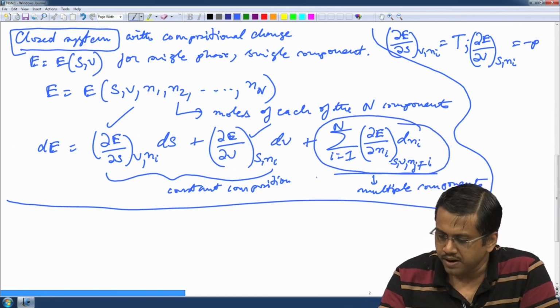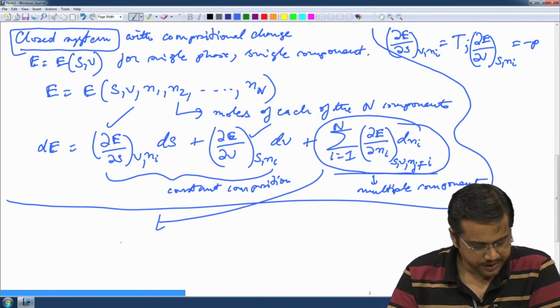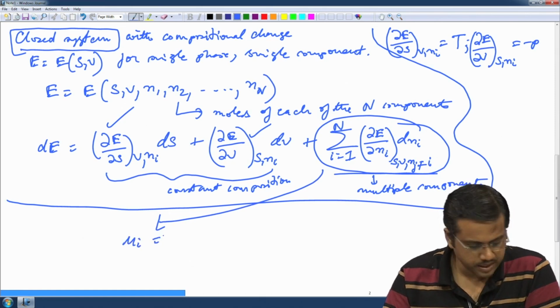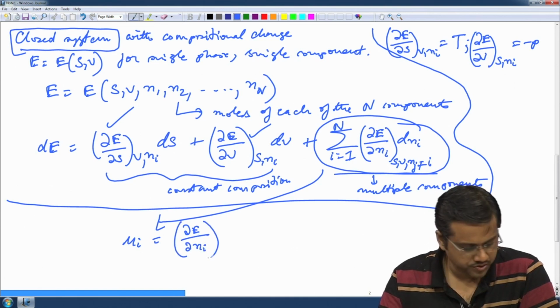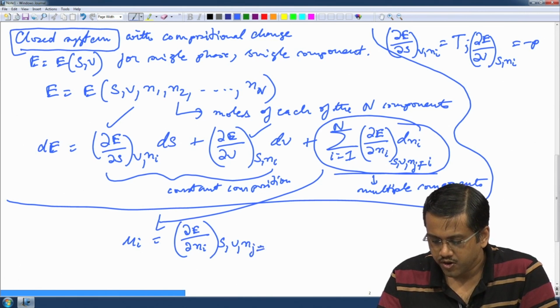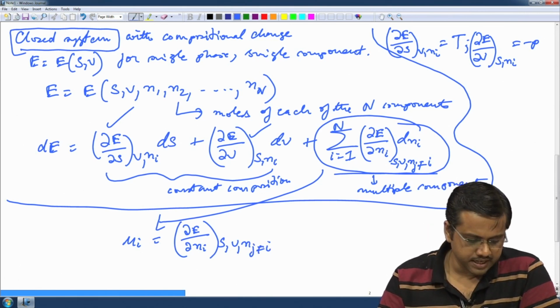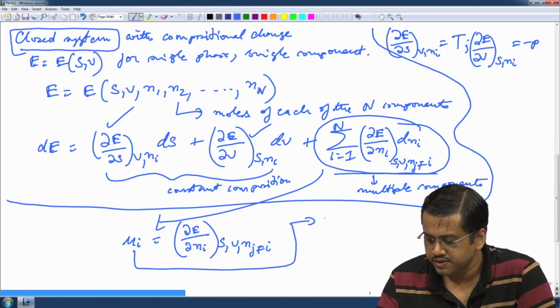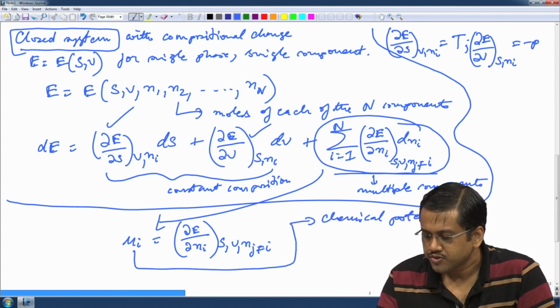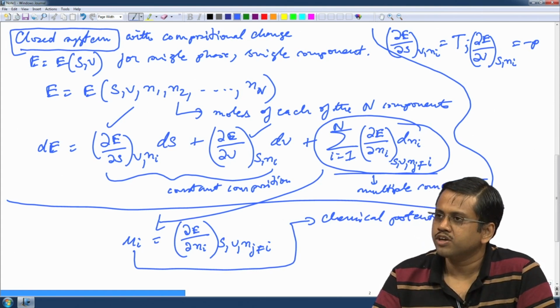This particular part is nothing but something called mu i. This is basically called the chemical potential. The fancy name of this is the chemical potential. This is the chemical potential of the ith component.